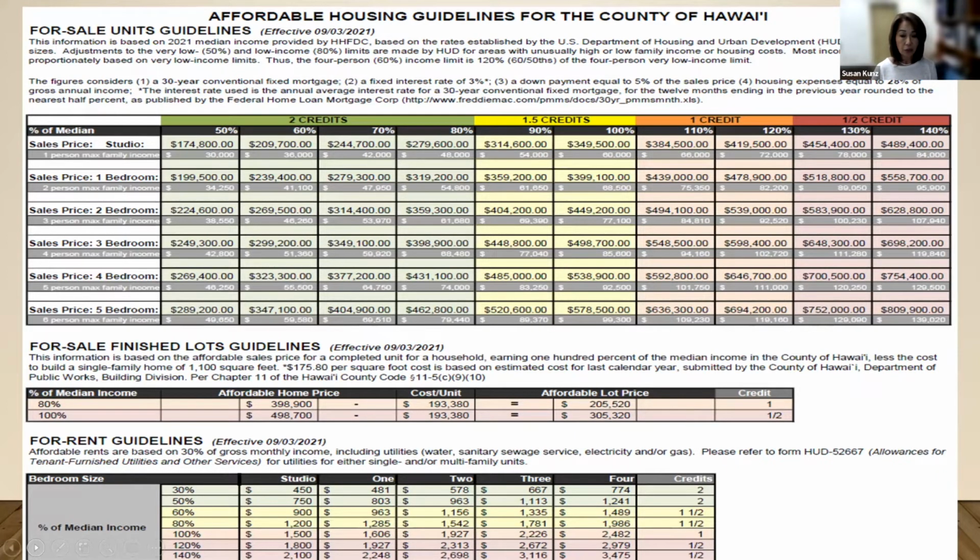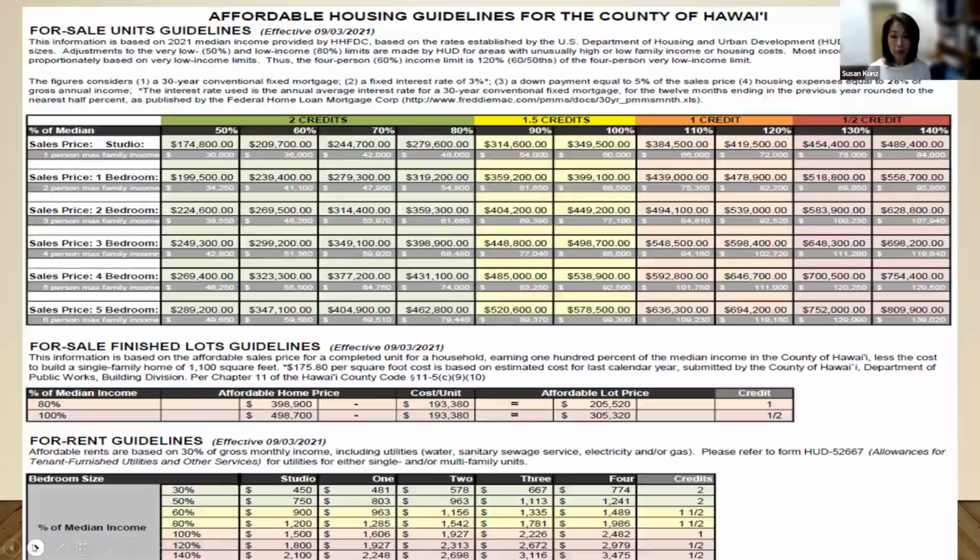And it's packed full of information, because it does identify income levels by AMI. And it also talks about what the sales price in those categories are. Finished lots for sale prices are in the middle here. And then rent guidelines are at the bottom here.